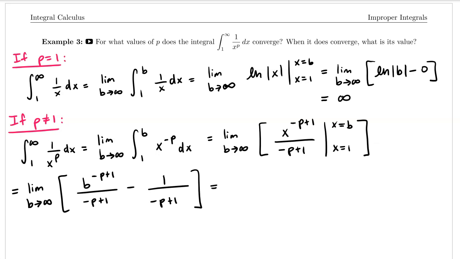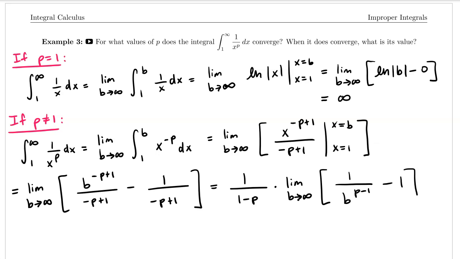So what I can do is factor out my denominator from both of these things, and I'm going to factor out 1 over negative p plus 1, but I'm going to rewrite that as 1 minus p. It looks a little bit nicer. And then we're going to have times the limit as b approaches infinity of, I'm going to rewrite this as 1 over b, and then I need to multiply the power times negative 1, so that would be p minus 1, and then minus 1 here.